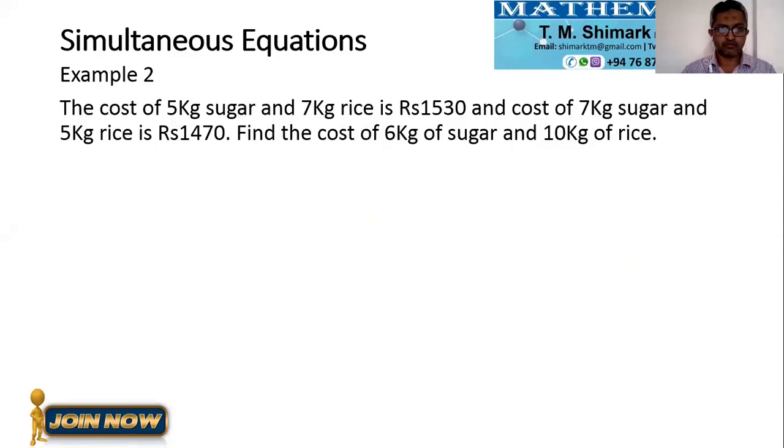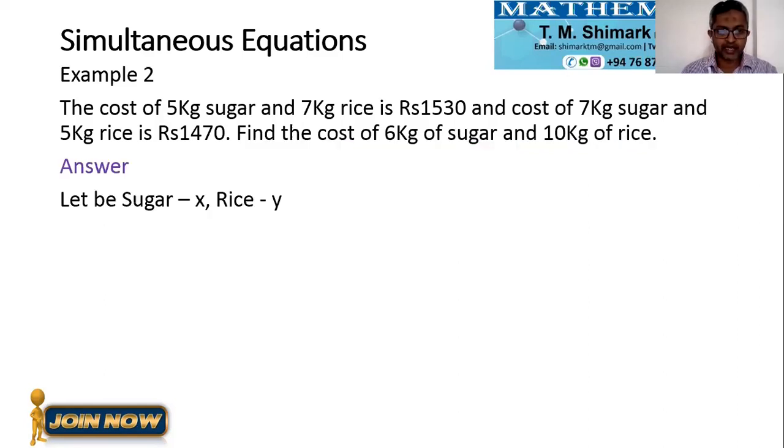The cost of 5 kg sugar and 7 kg rice is 1,530 rupees, and the cost of 7 kg sugar and 5 kg rice is 1,470. Find the cost of 6 kg sugar and 10 kg rice. To find the sugar price and the rice price, then you can get the 10 and 6 kgs.